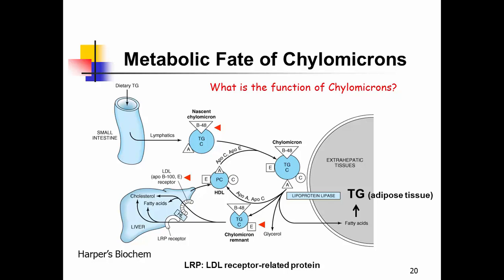This binding site can recognize ApoE, because the chylomicron remnant has ApoE on its surface. So this ApoE protein can bind the LDL receptor and be recognized and taken up by the liver.